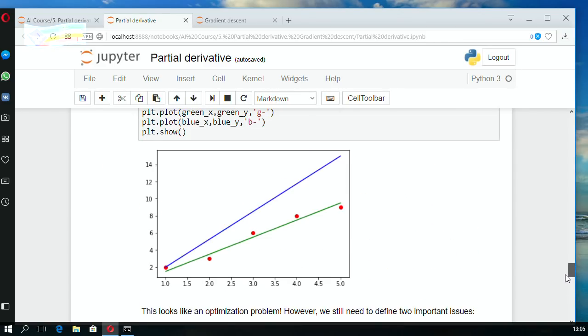So, for example, you can see that the blue line does not fit the experimental data as well as the green line.